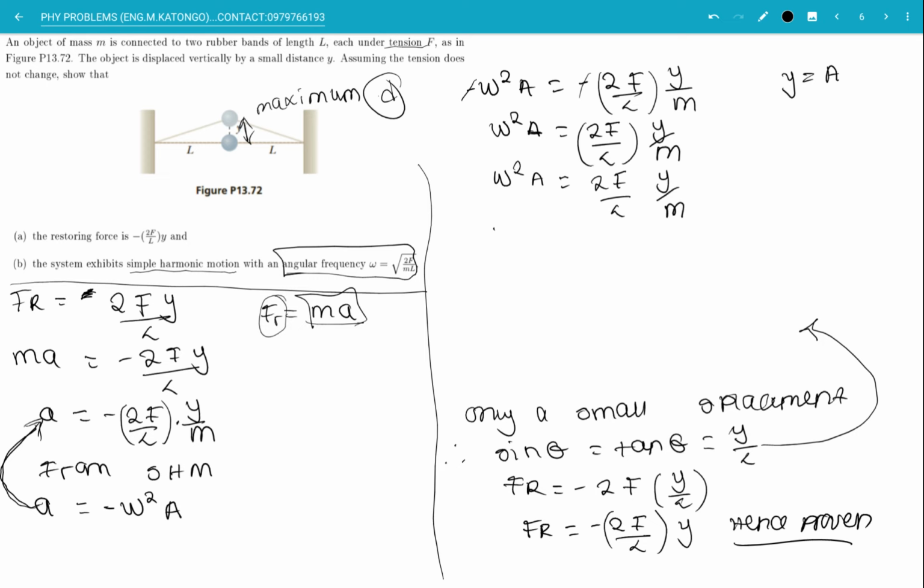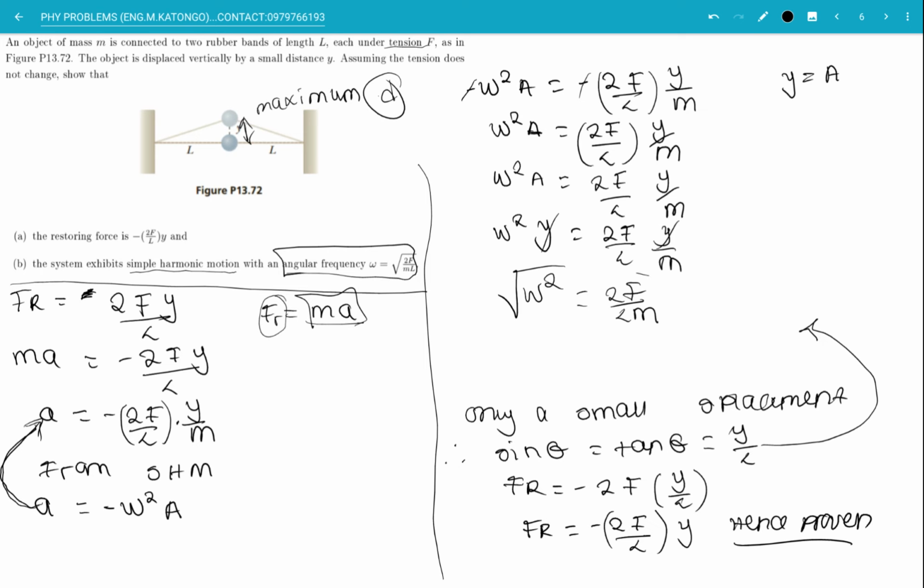Replacing A as y, we'll have omega squared times y is equal to 2F over L, y over m. Getting rid of the y's, we'll have omega squared, which is the angular frequency squared, being equal to 2F over Lm.